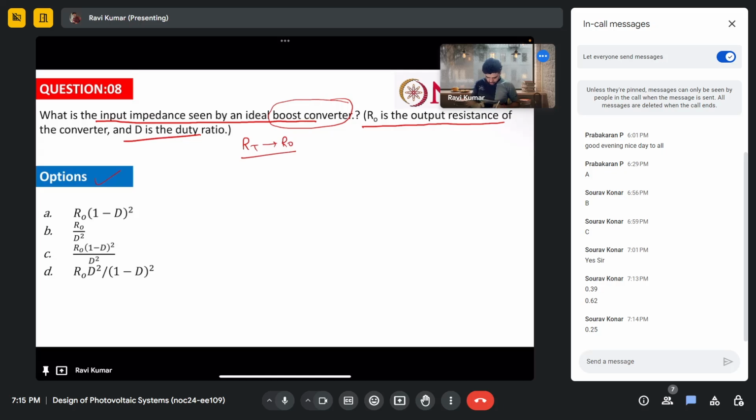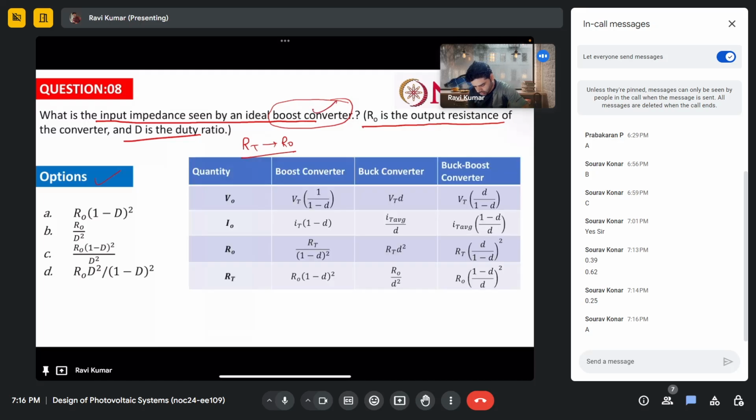RT in terms of R naught. This is the table. So let's match this. It is saying boost converter, then we will see the boost converter. Yes, Saurabh, you are right. It is 1 minus D square. A is the correct answer here.